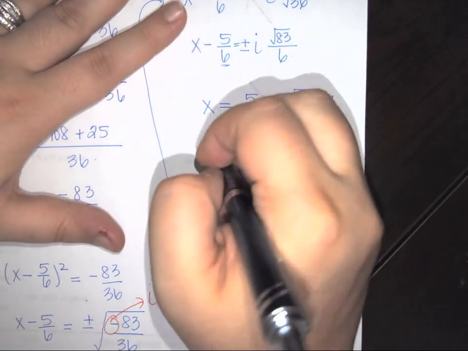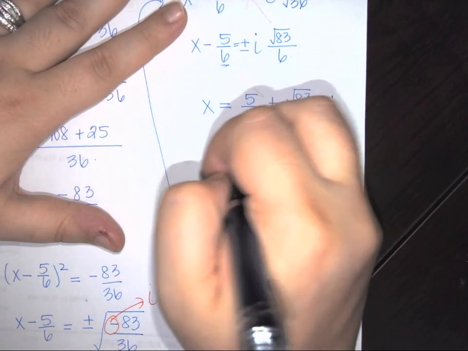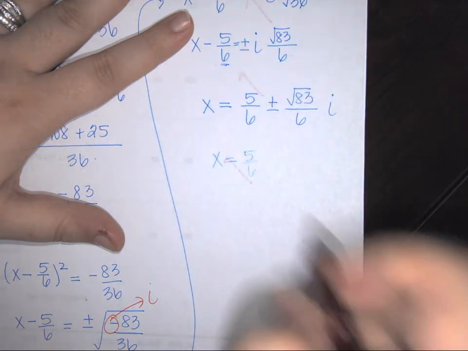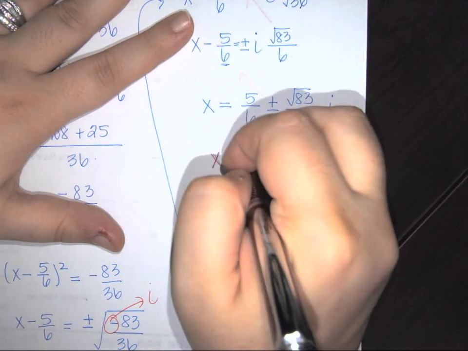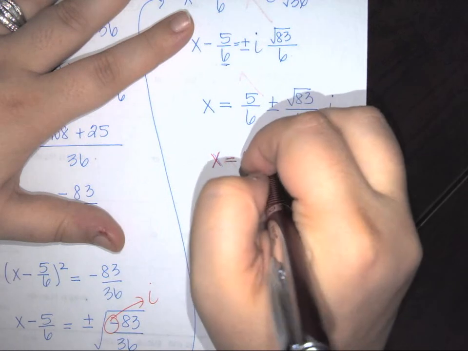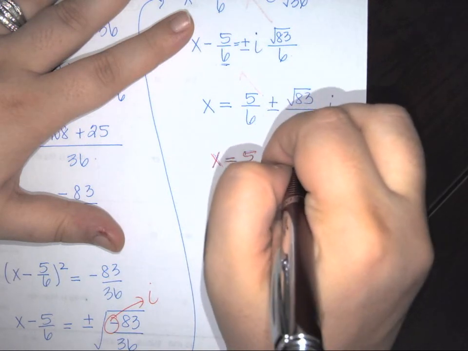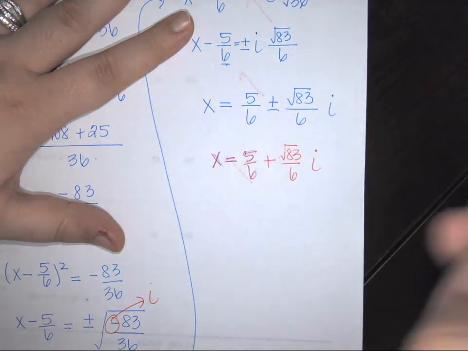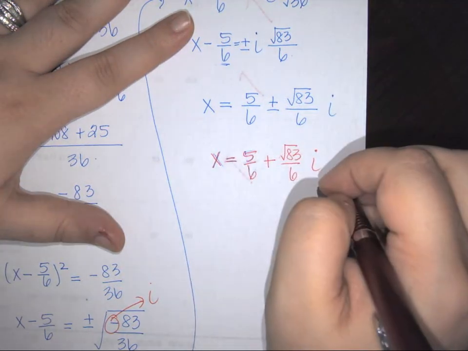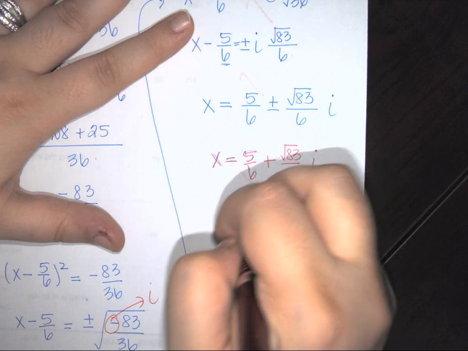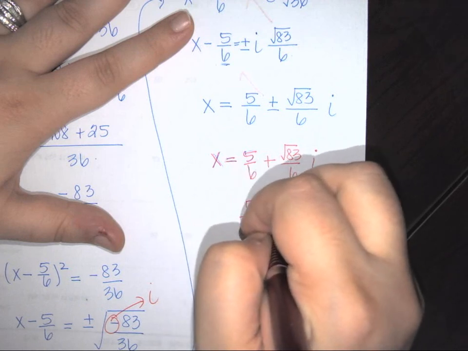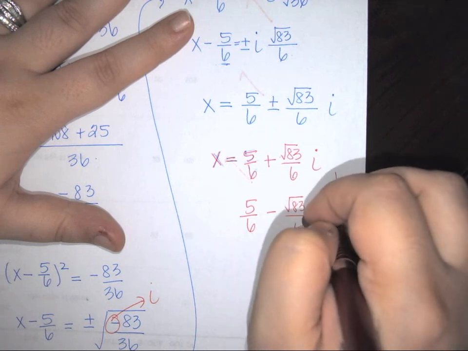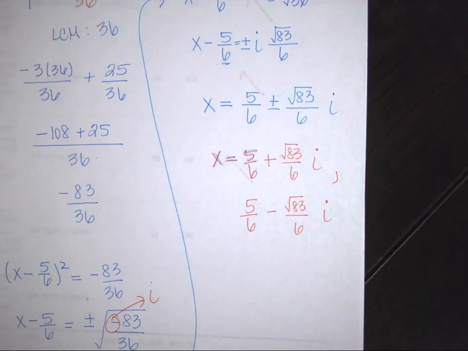And then just like all the others, you can write them separately. So x is equal to 5 over 6 plus the square root of 83 over 6 i, and 5 over 6 minus the square root of 83 over 6 i.